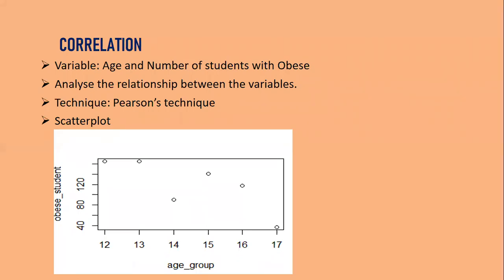The independent variable X is the age and the dependent variable Y is the number of students with obese. The result from RStudio showed the dots form a negative slope, which means it is a negative correlation.